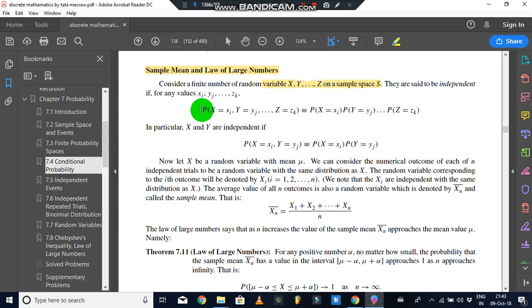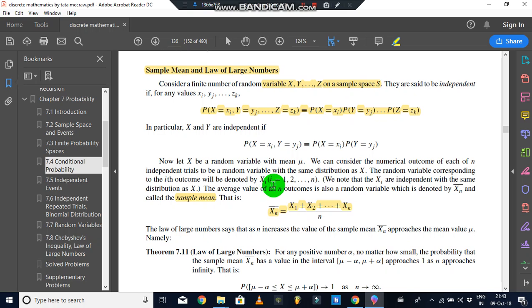So don't be confused, don't be afraid. Just observe this. This is not necessary for the exam, but you need to understand it. This is called the sample mean, and it is the most important thing.